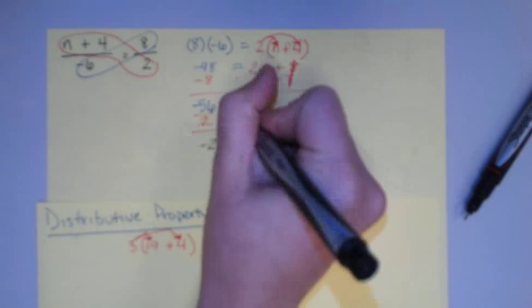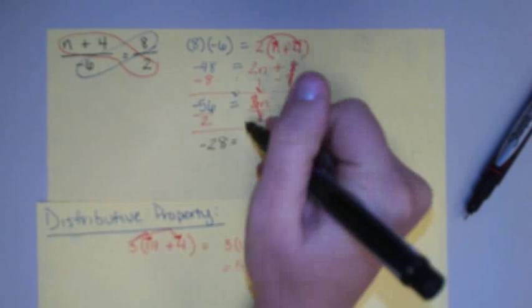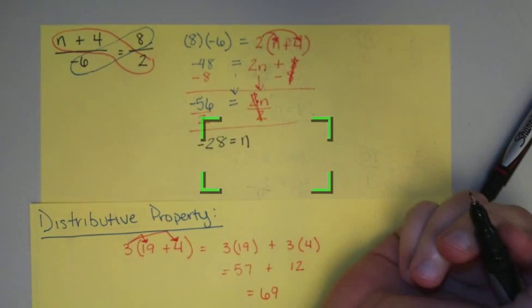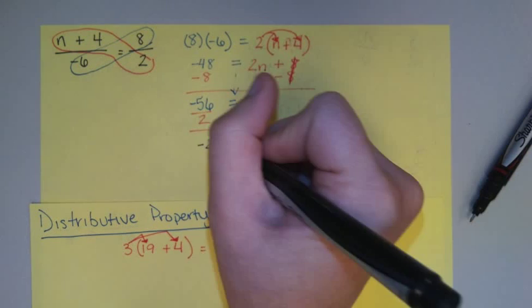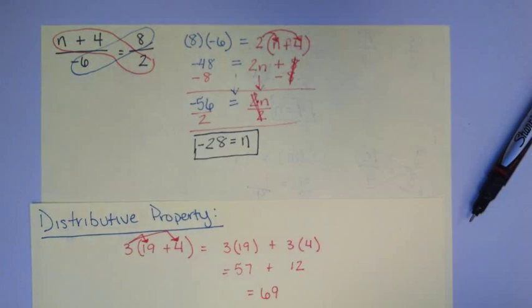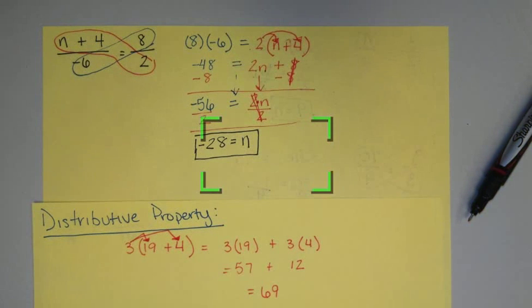Bring down your equal sign and bring down your n. So we got n equals negative 28, and our n is by itself, so this is our answer. Let's practice another one.